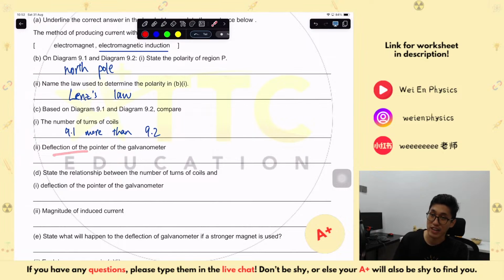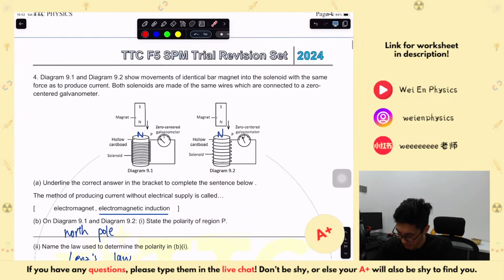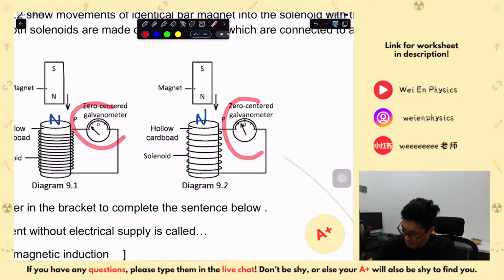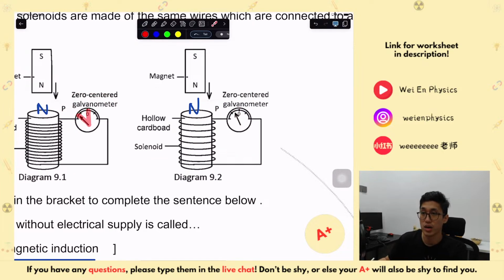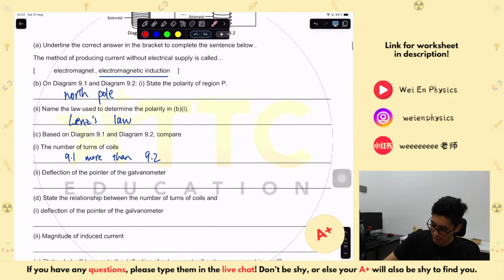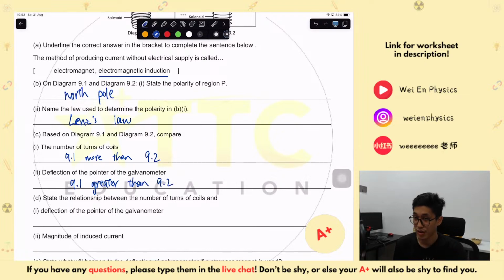Next is the deflection of the pointer here. You can see from 0 in the middle, this one moves only a little bit. But this one from 0 in the middle moves a lot. So again, 9.1 is greater than 9.2. The deflection of the pointer in 9.1 is greater than 9.2.